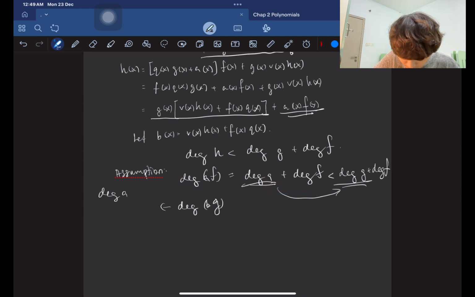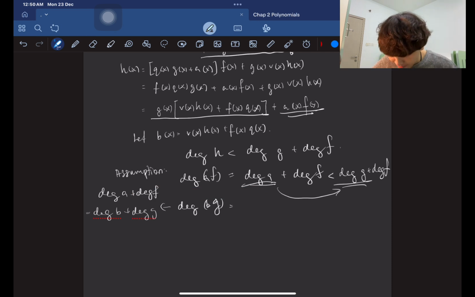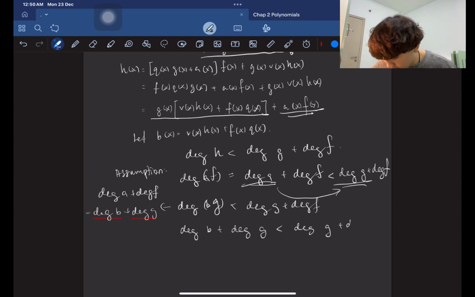Degree a plus degree f is equal to degree b plus degree g. Then degree bg will also be smaller than degree g plus degree f. So degree b plus degree g is smaller than degree g plus degree f.